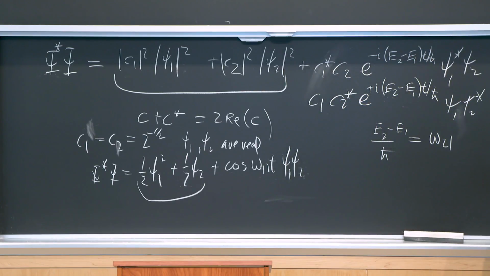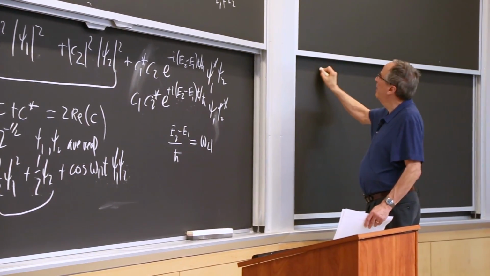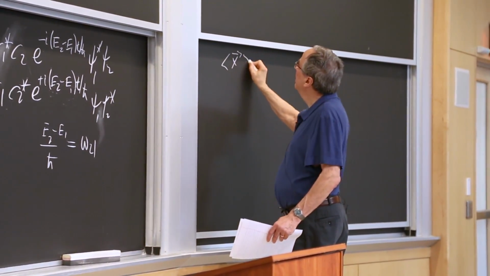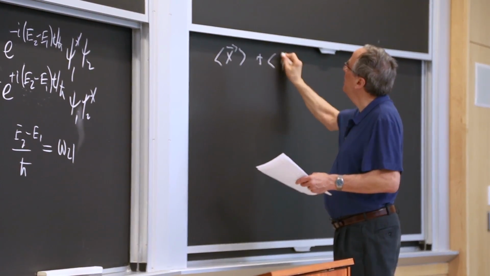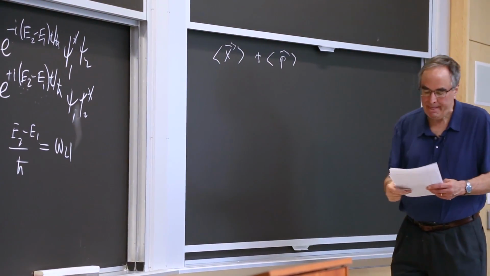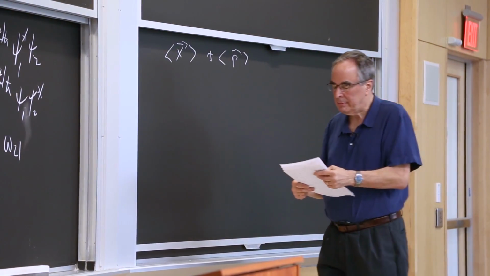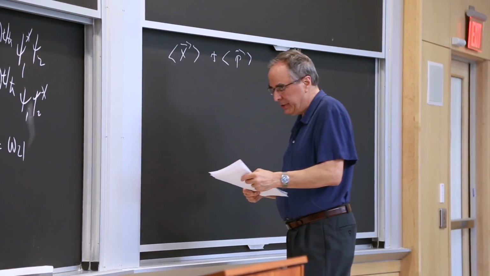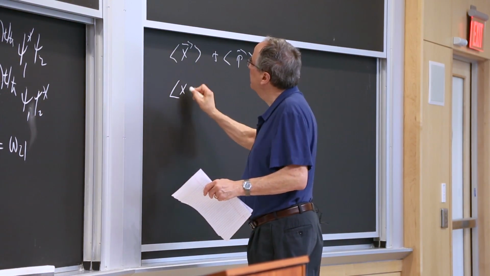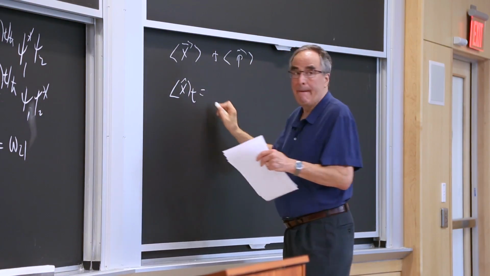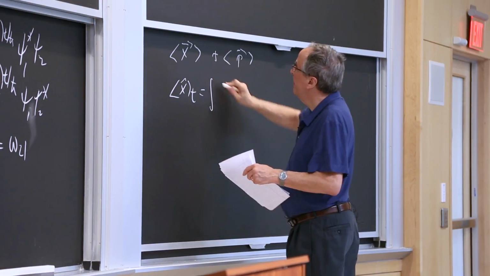Okay, now the fun begins. Suppose we want to calculate the expectation value of x and p. Let's just take it as a 1D problem. And so x of t... no, there was no question. All right.